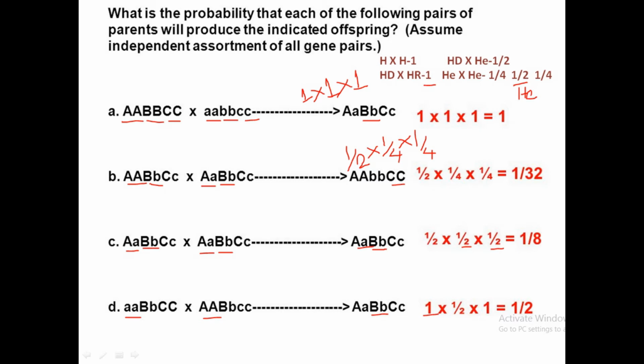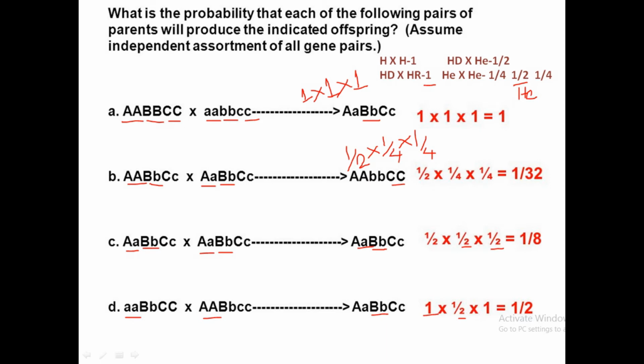We can see it here, yeah, it is half. And then capital C and small c, that is homozygous dominant and homozygous recessive is 1, so we get the ratio of half.